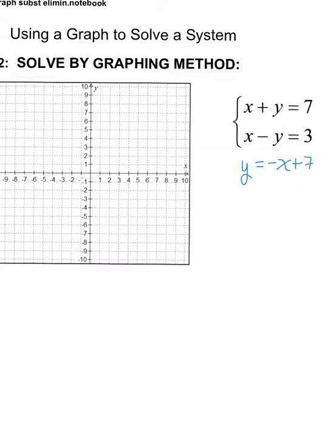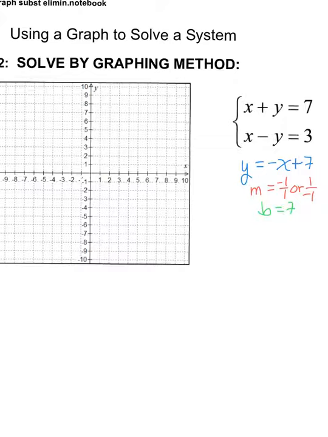It has a slope of negative 1 over 1, or you can look at the slope as 1 over negative 1. Both give you a value of negative 1. And of course, remember that we reviewed graphing linear equations in the previous unit. So if it seems like I'm going fast, you're supposed to know how to do this. Then your b is 7.